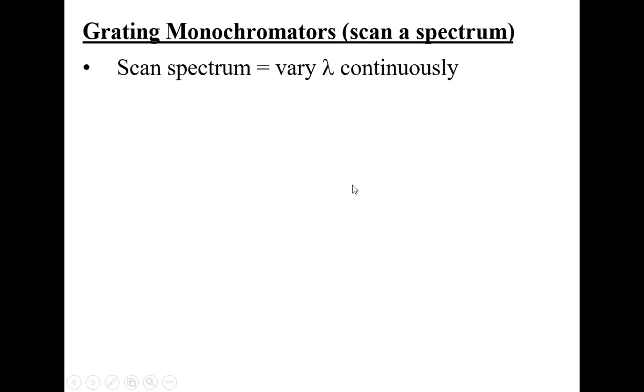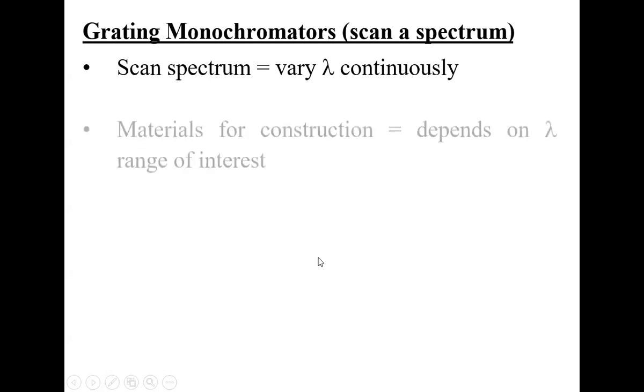So you can imagine all the instruments that we have are going to have a monochromator. Am I right in making that conclusion? Unless you choose only one wavelength. But most instruments are going to have this monochromator.